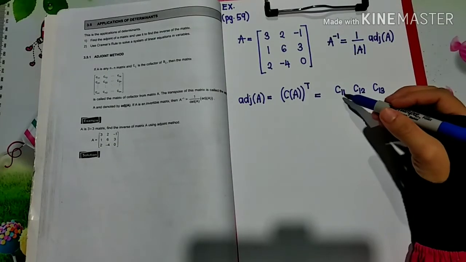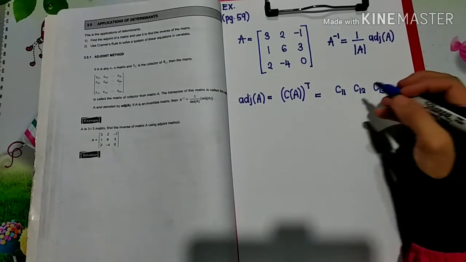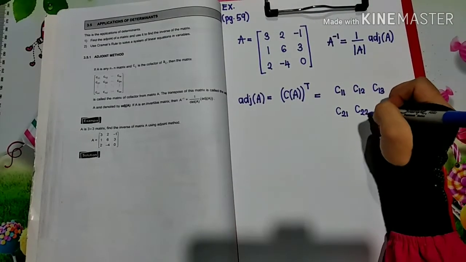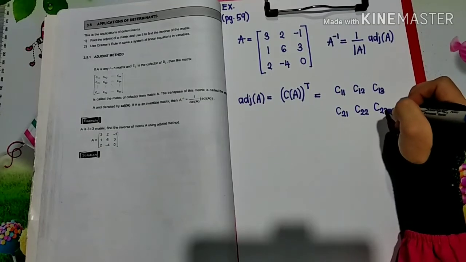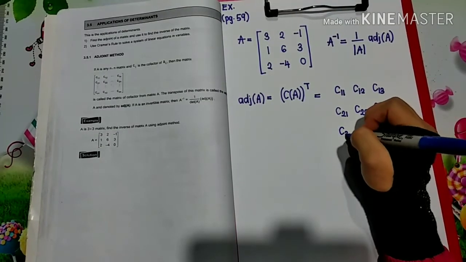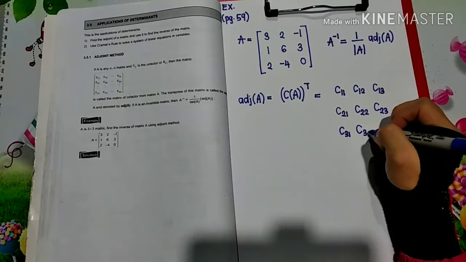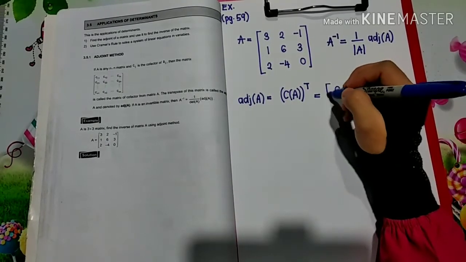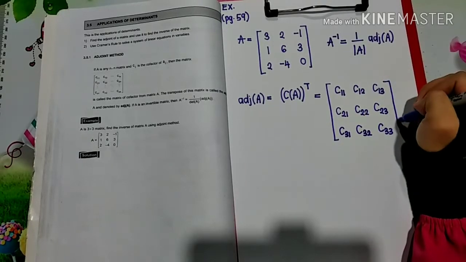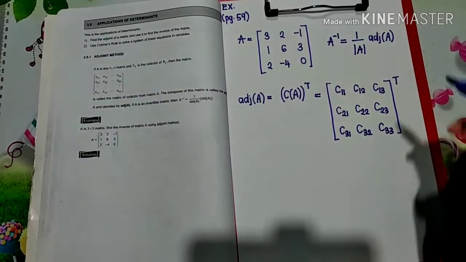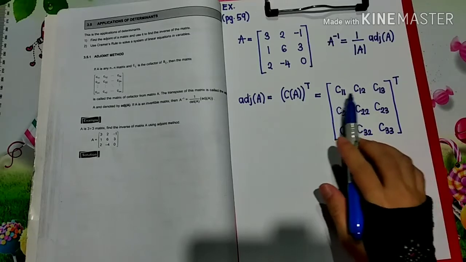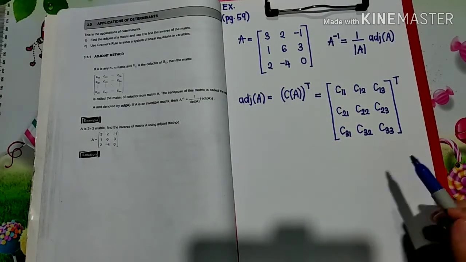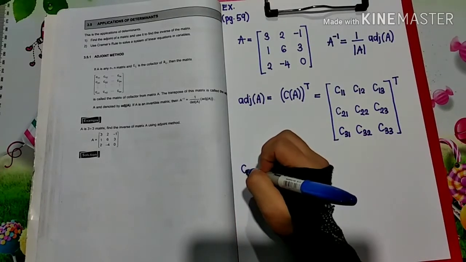So the cofactor will be C11, C12, C13, C21, C22, C23, C31, C32, C33, and then we transpose the cofactor here. So we need to find each of C11, C12 until C33. So first I will find C11.